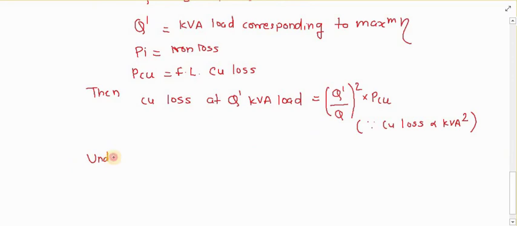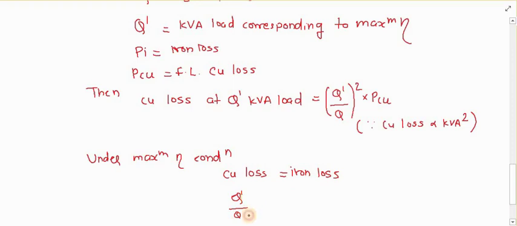So now under the maximum efficiency condition, my copper loss equals iron loss. So I can write Q dash upon Q whole square PCU equals Pi.